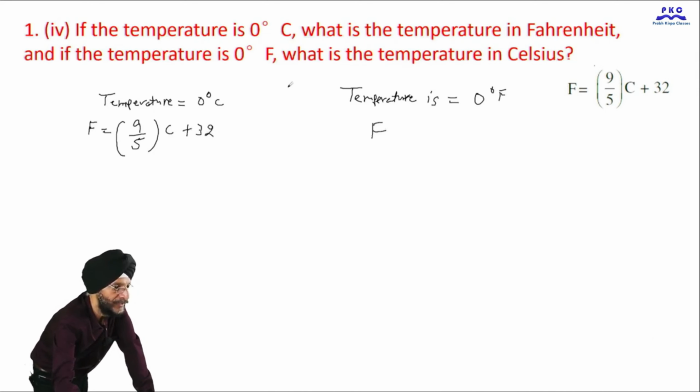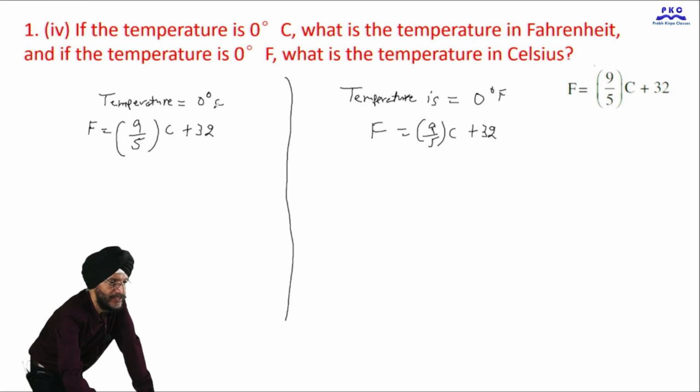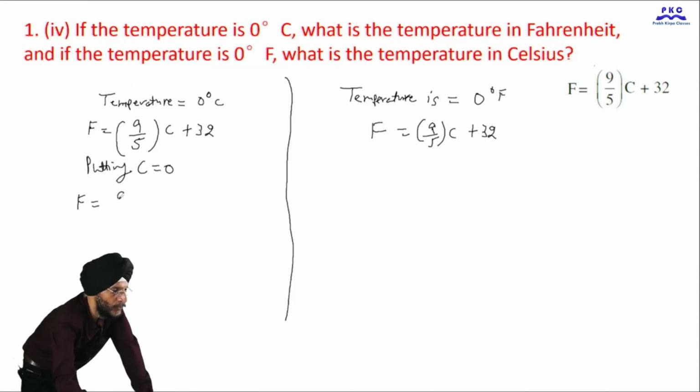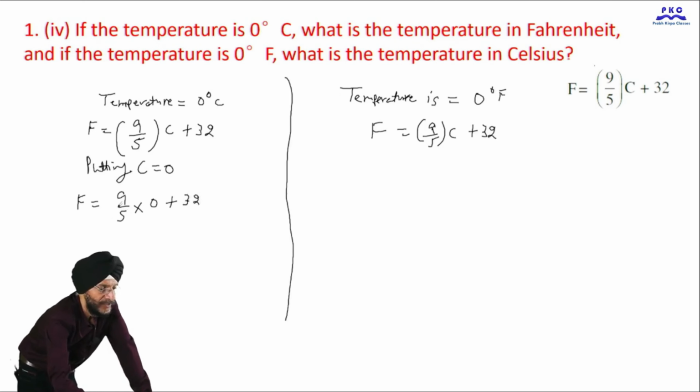Here we will also write it. F is equal to 9 over 5 into C plus 32. When the temperature is 0 degrees Celsius, it means that we will put C is equal to 0. So what will we get? F is equal to 9 over 5 into 0 plus 32. When 9 over 5 is multiplied with 0, it becomes 0.